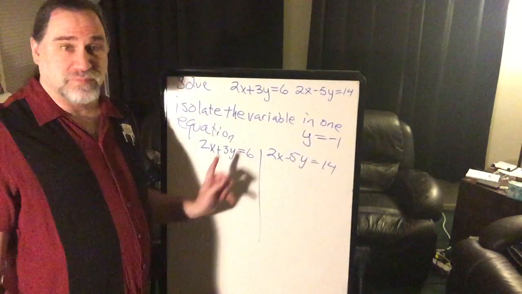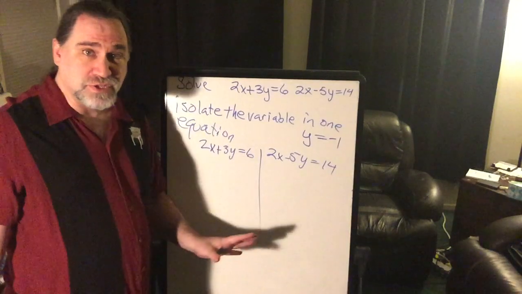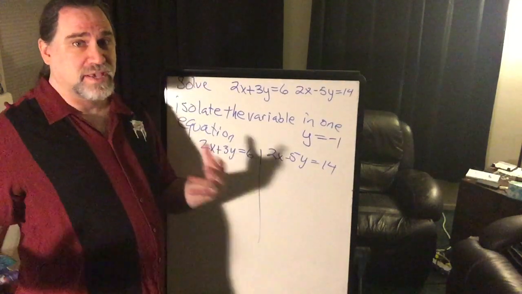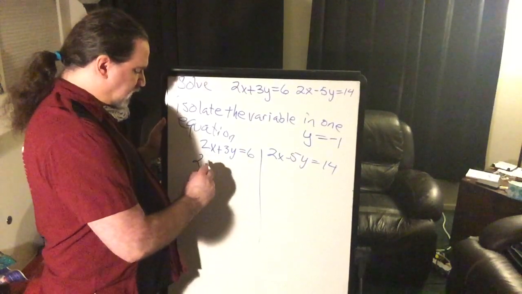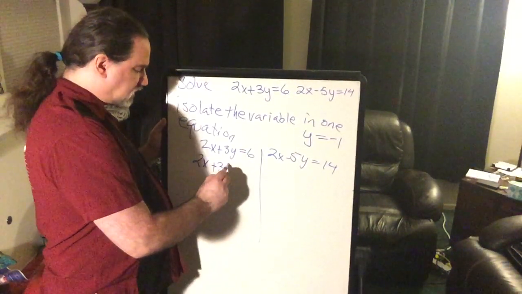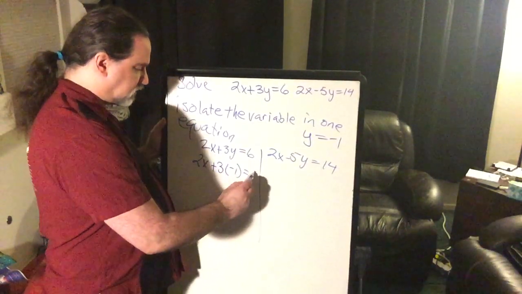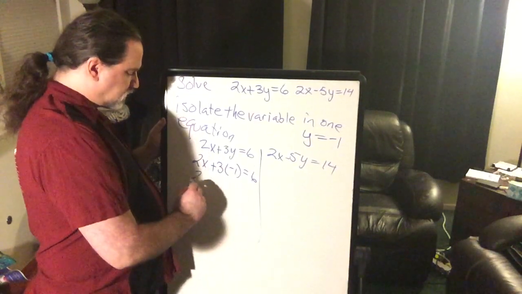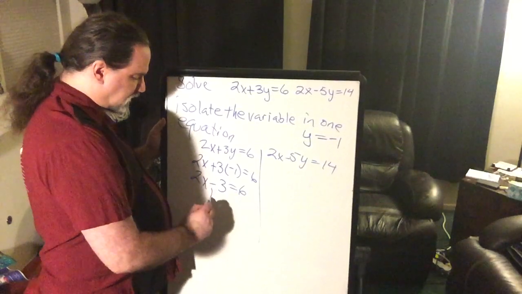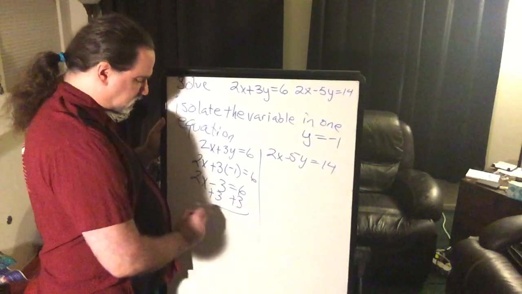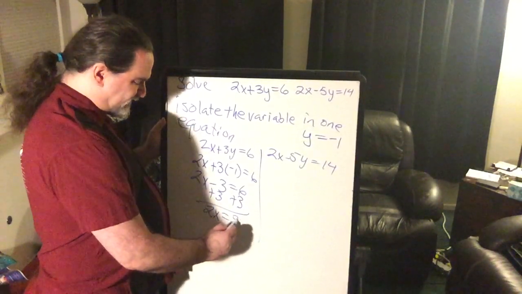And these two better give me the same result. If they do, then I know I've done it correctly and I can feel good about my answer. So 2x plus 3 times negative 1 equals 6. 2x minus 3 equals 6. Add 3 to both sides.